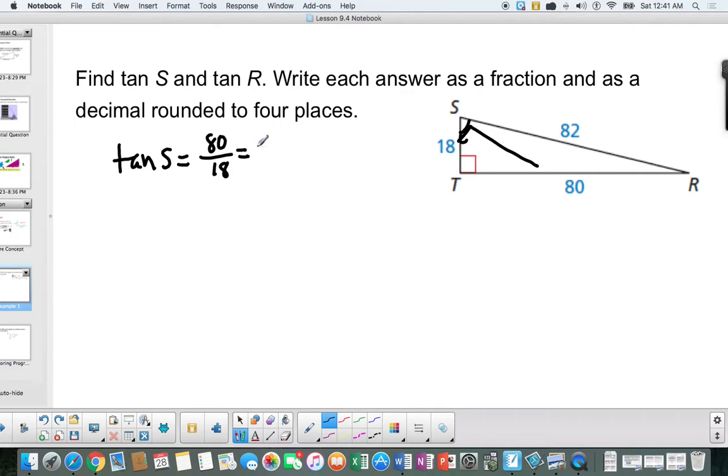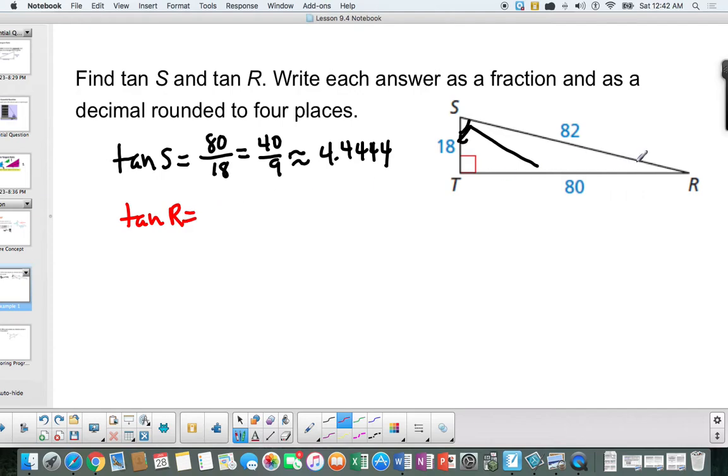It would be nice if we reduced it, so it would be 40/9, and then I'm going to round it to 4 decimal places. So I'm going to put it in my calculator, 40 divided by 9, and I'm going to put an approximate sign because I'm about to round: 4.4444.